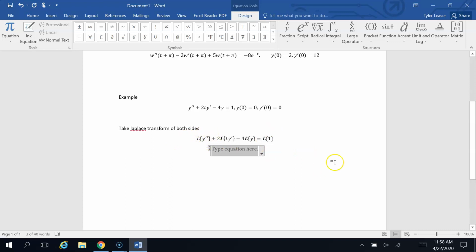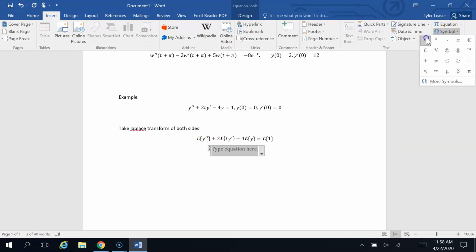So now for the derivatives. I'll make separate lines here for these derivatives because it's just a formula to them. So we're going to do the Laplace operator of the second derivative, and then just from the formula, remember this is s squared, the Laplace of the original function minus s times the original function at 0 minus the derivative at 0.